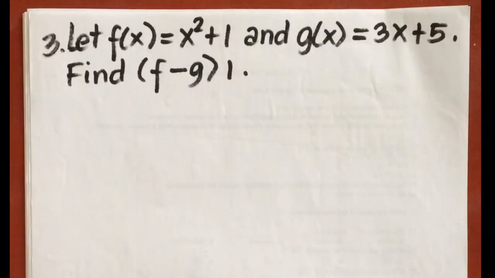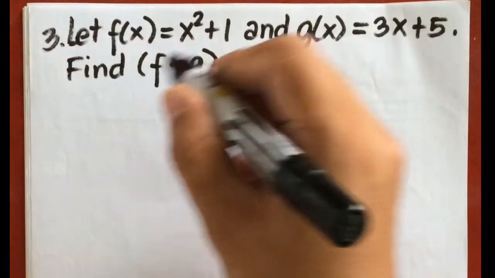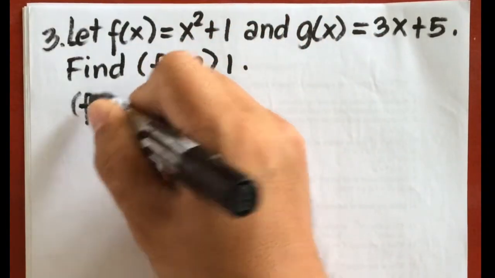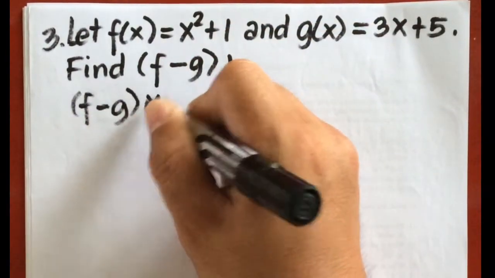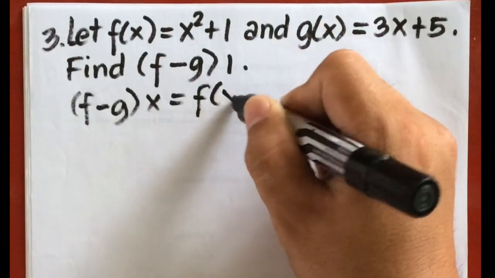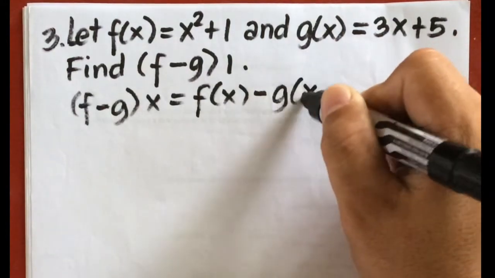Okay, example number 3. Let f(x) equals x squared plus 1 and g(x) equals 3x plus 5. We're going to find (f minus g)(1). The same as with addition of functions, we're going to follow the rules, which is (f minus g)(x) equals f(x) minus g(x).